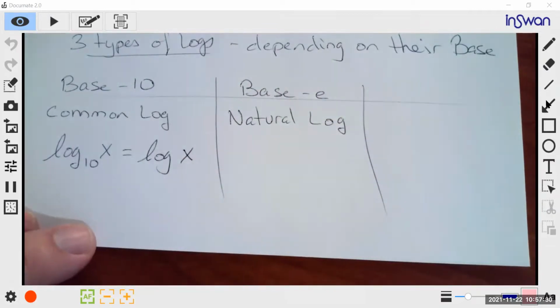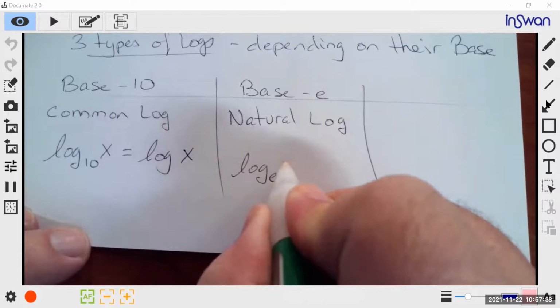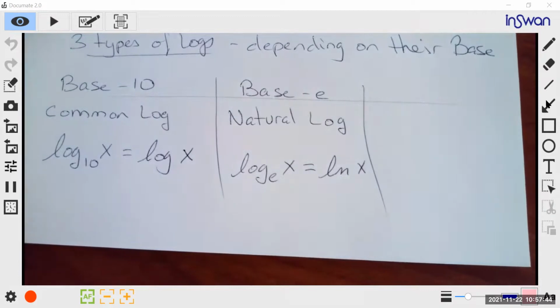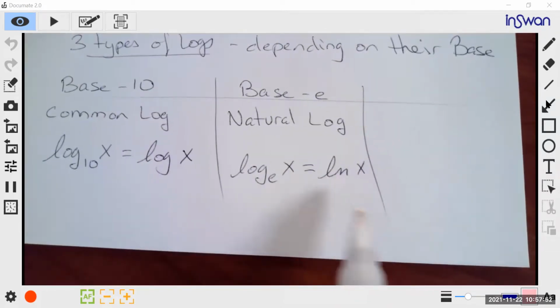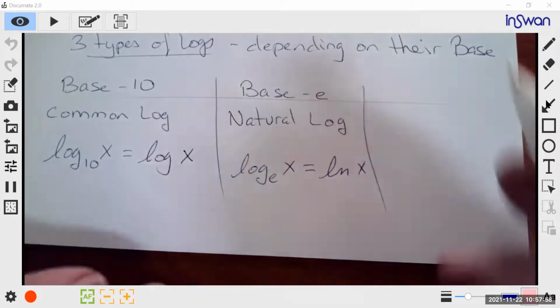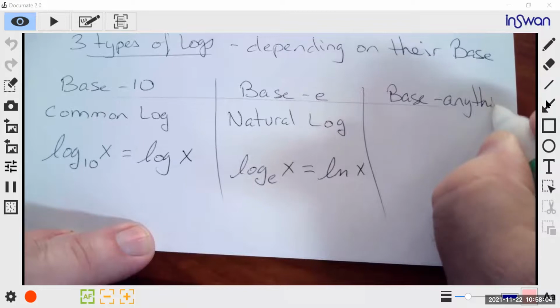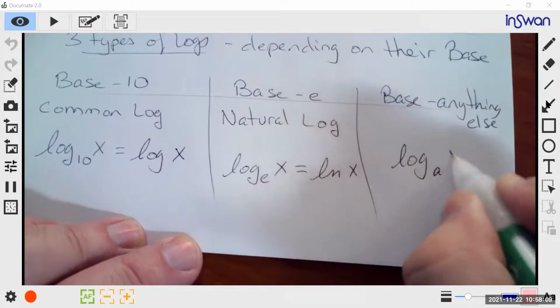We call that the natural log. So log base E of x can be written as ln of x. So if you ever see ln, that means natural log, and you know it's automatically log base E. The log with nothing is base 10. Anything else is log base A of x.